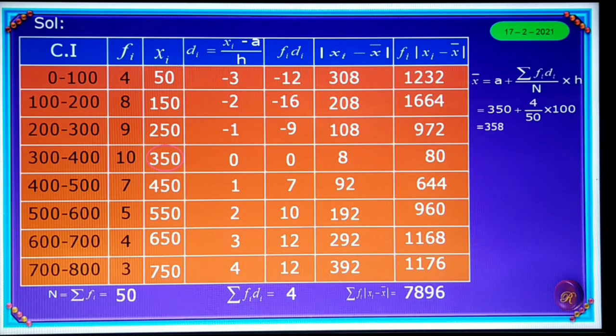Therefore, mean deviation from mean is equal to summation of fi into absolute values of xi minus x bar divided by n, is equal to 7896 divided by 50, is equal to 157.92.